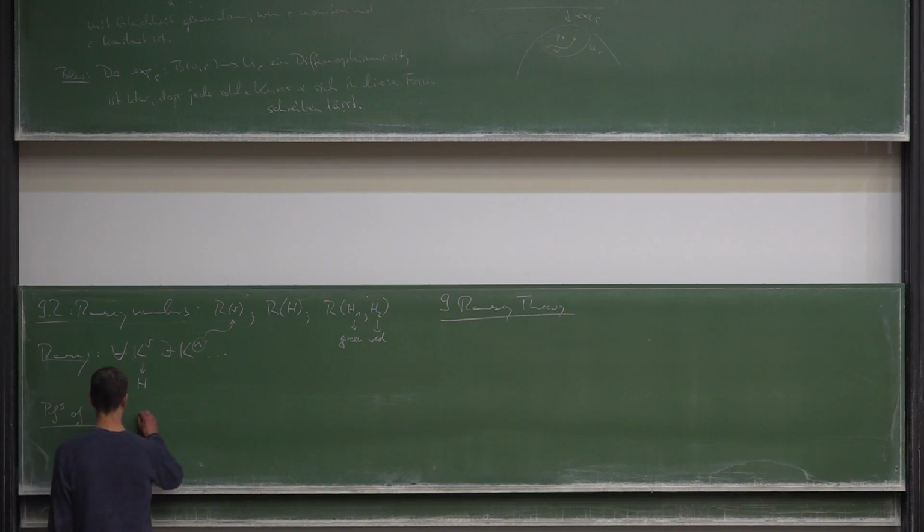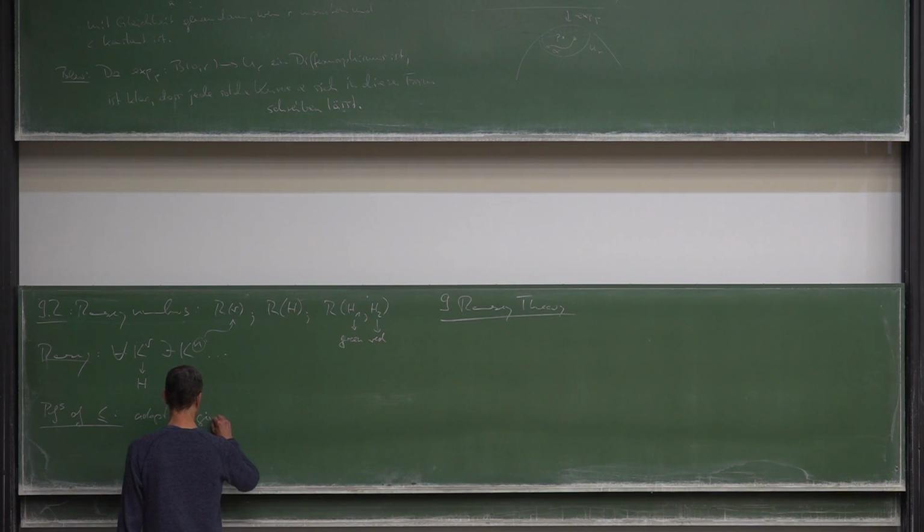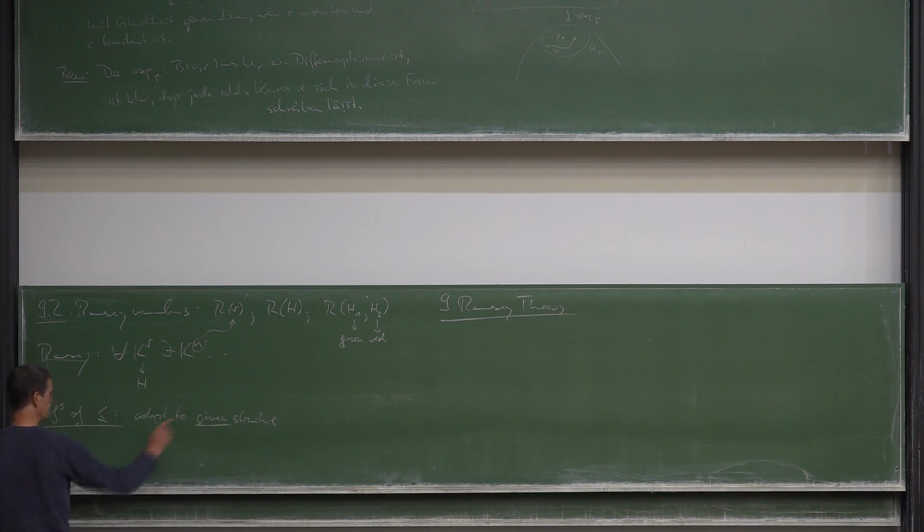So we have to adapt to some structure that's given to us, and for proofs that the Ramsey number is at least something, we are the adversary.